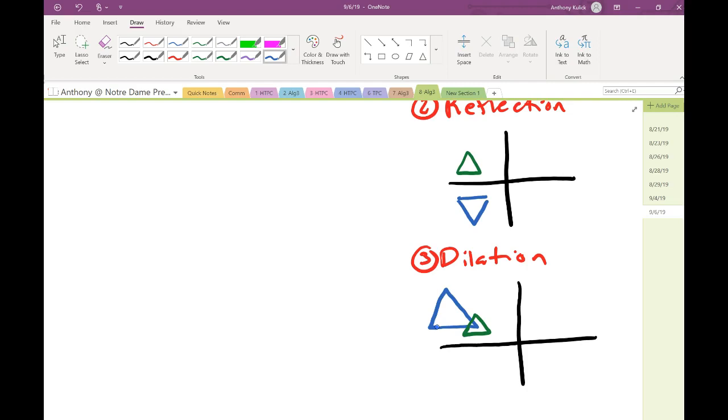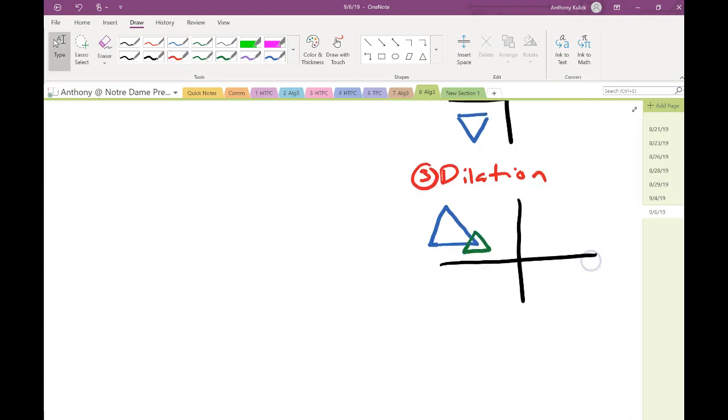So if we perform a dilation, the size of the shape definitely changes. The location potentially changes. The orientation should remain the same. So notice this triangle is still pointed up. It hasn't been changed to point down or left or right. Everybody okay with that idea?